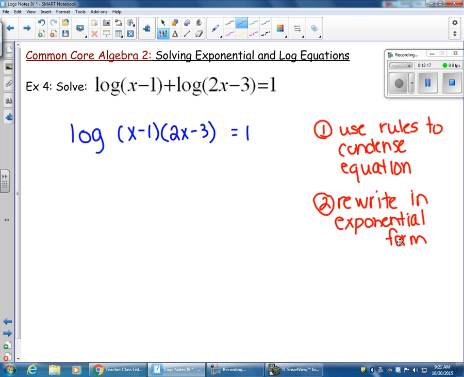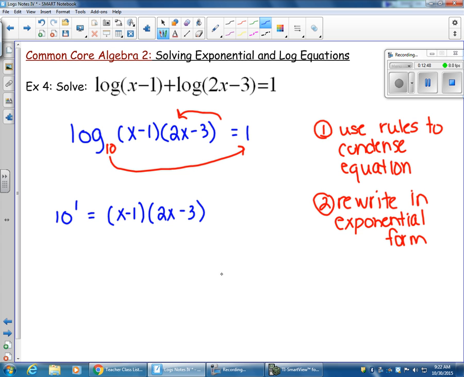So what you have to remember here is there was no base given. So remember that our base is 10. Right? When there's no base, it's base 10. Now I can rewrite in exponential form. 10 to this power equals all of that. So 10 to the first power, which is 10, equals x minus 1 times 2x minus 3.